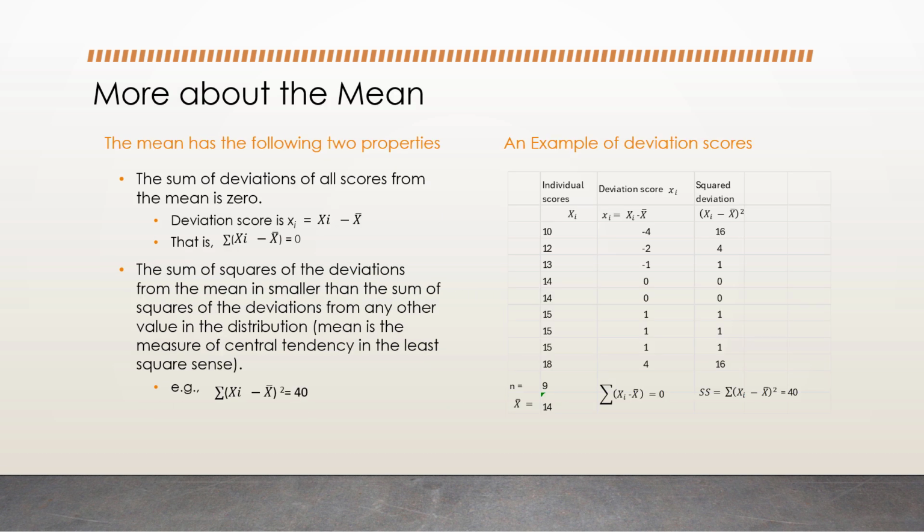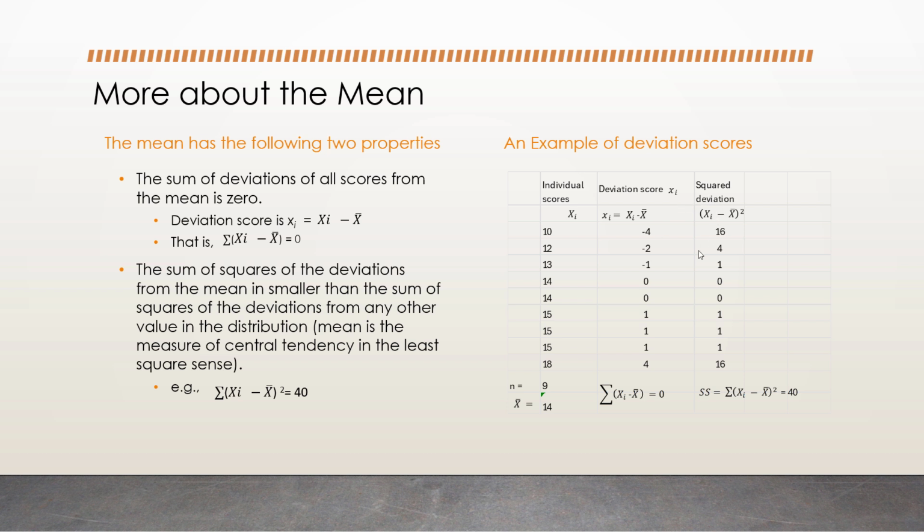Finally, the mean has 2 important mathematical properties. First, the difference between each individual score and the mean is called the deviation score. The sum of all deviation scores for a variable is always 0.